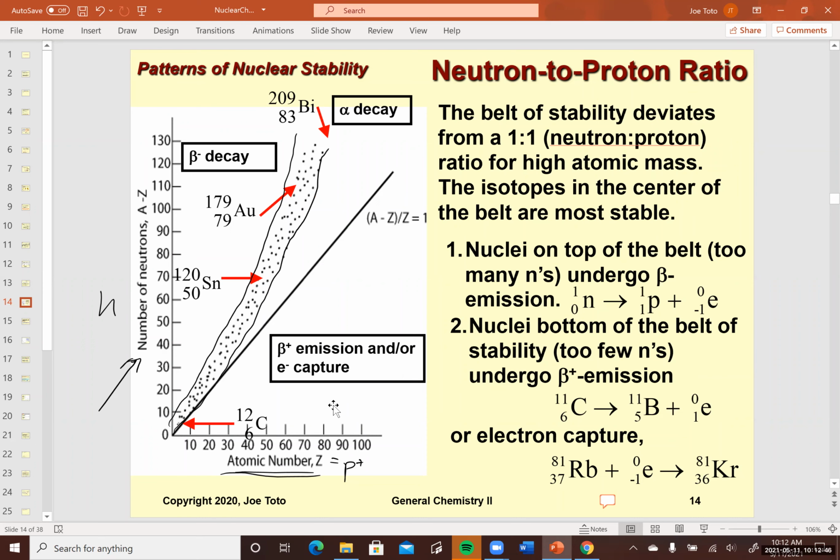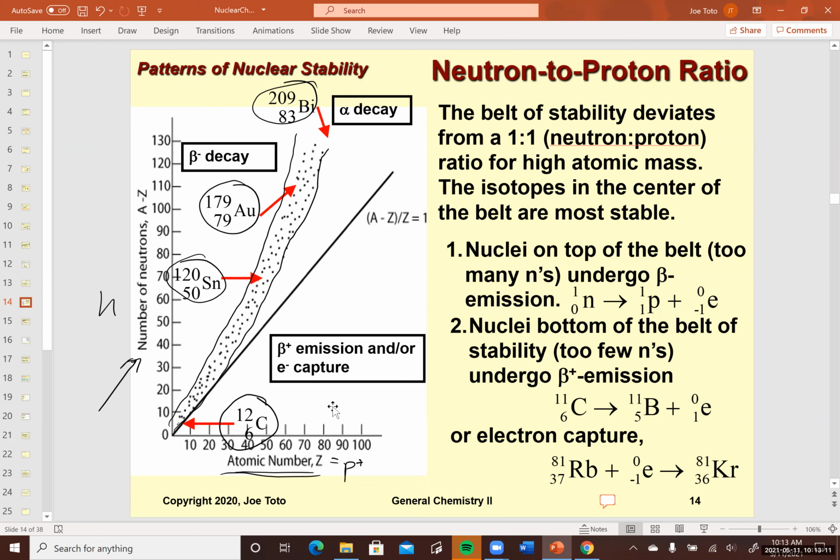So that's where atoms that exist in nature will be found, on that belt of stability. For example, we have carbon-12 down here, tin, gold, and bismuth. And those arrows indicate where on the belt you might find those particular atoms.